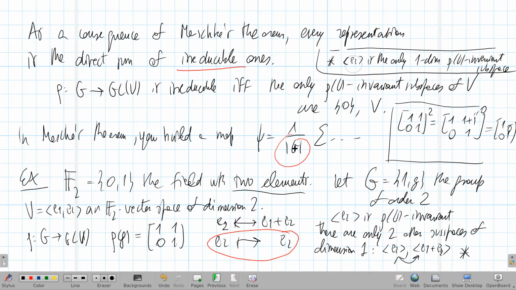But I mean, you can see here that the fact that the order of G is 0 in the field forbids the use of this averaging method. So this would be the subject of modular representation theory.